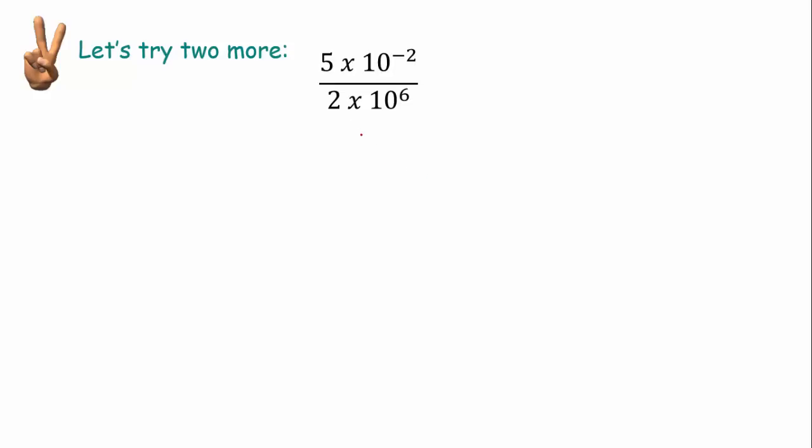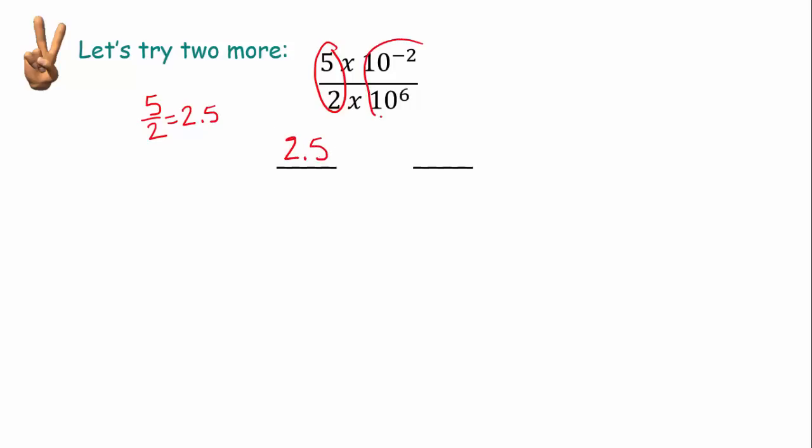5 times 10 to the negative second divided by 2 times 10 to the 6th power. All right, so off to the side, I'm grouping my 5 divided by 2, and 5 divided by 2 is 2.5. So my factor is 2.5.